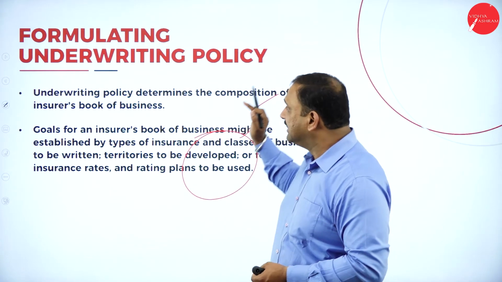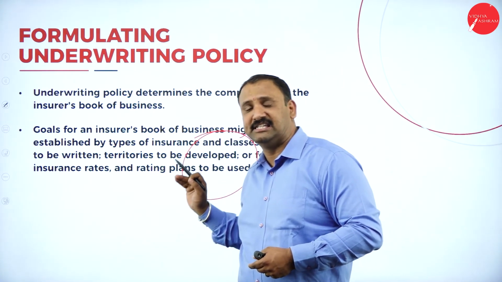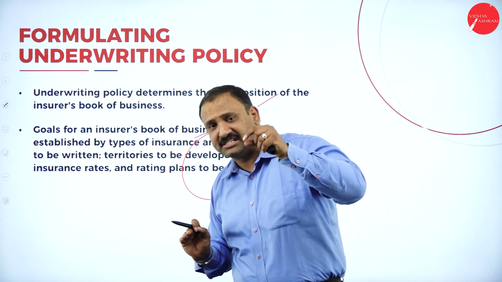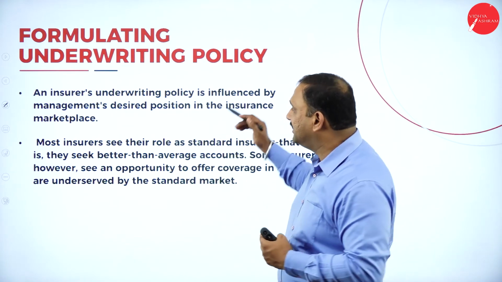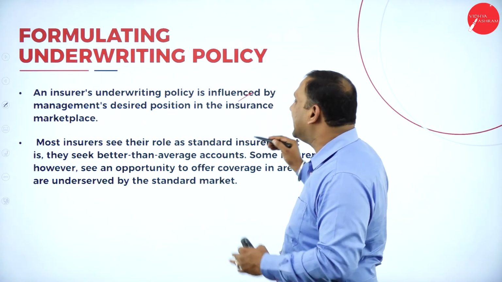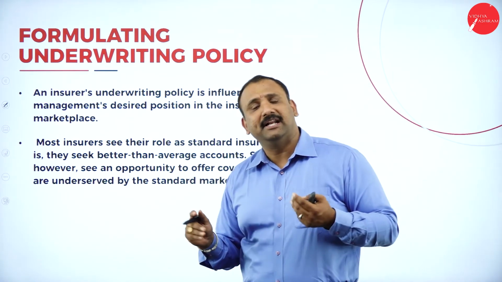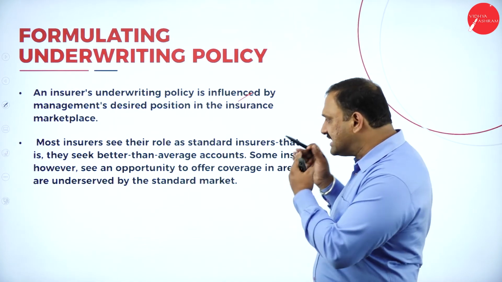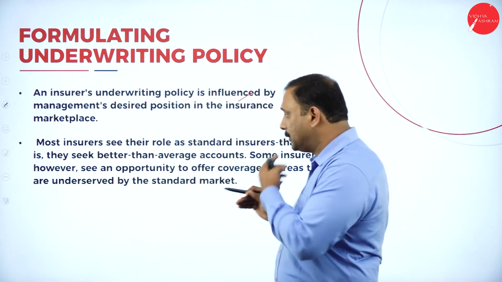That is why the formulation of an underwriting policy is not that easy, because you need to study every section, every subclause clearly. With that, the insurer's underwriting policy is influenced by the management's desired position in the insurance marketplace, which is quite obvious. Why? Because the management will also think that this is the point at which we need to stick on, and this is the point at which we need to understand.